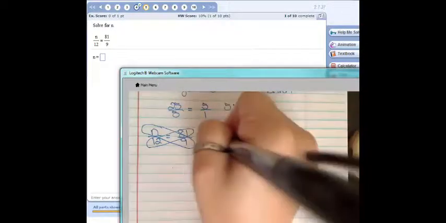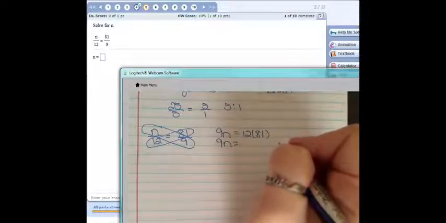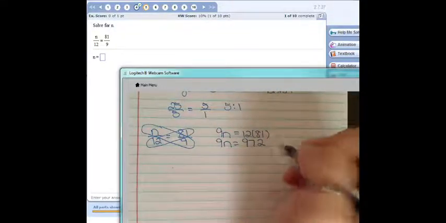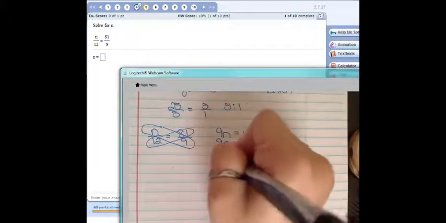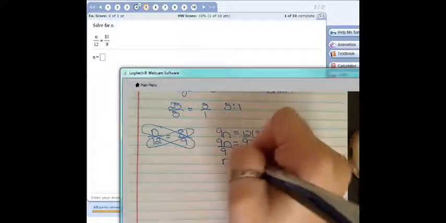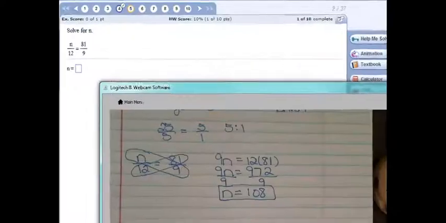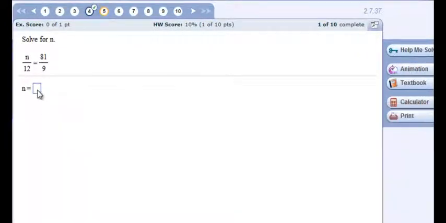That equals 972. We need to get n by itself. So we're going to divide both sides by 9. And that gives us n equals 108. So let's type that in. 108. Enter. Good job.